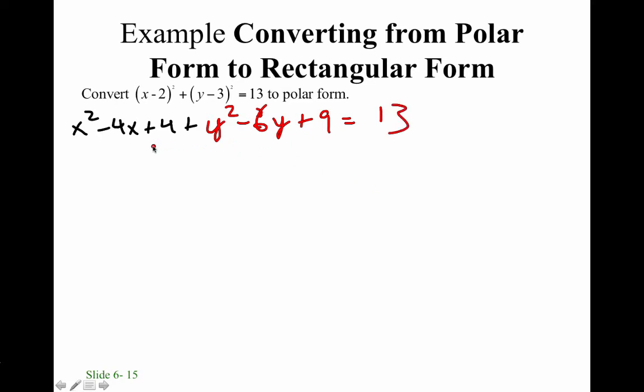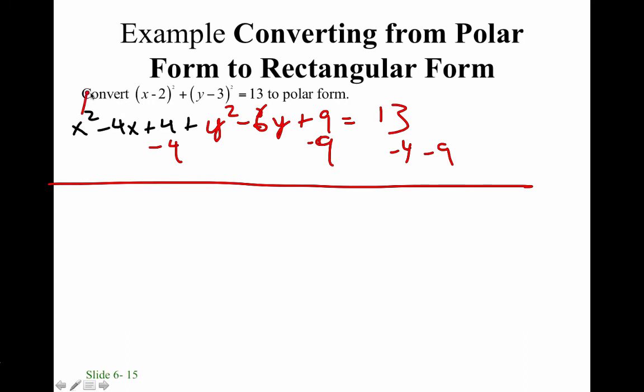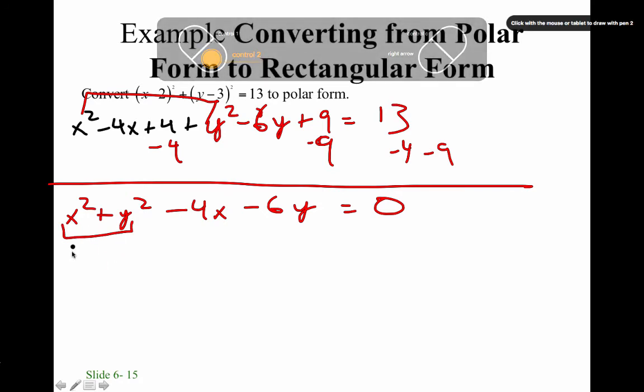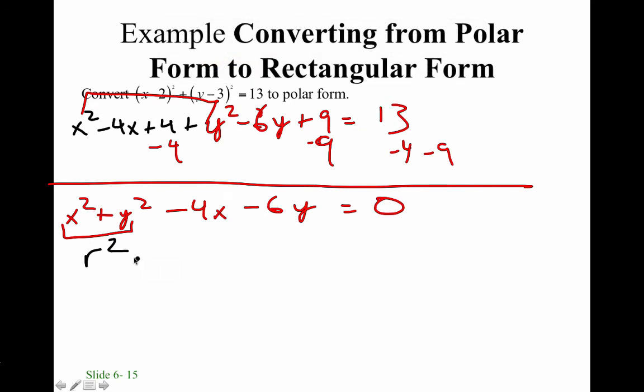And now I will minus 4 and minus 9. And look: x squared plus y squared minus 4x minus 6y equals 0. All I did is expand it out. This becomes r squared. This becomes r cosine.